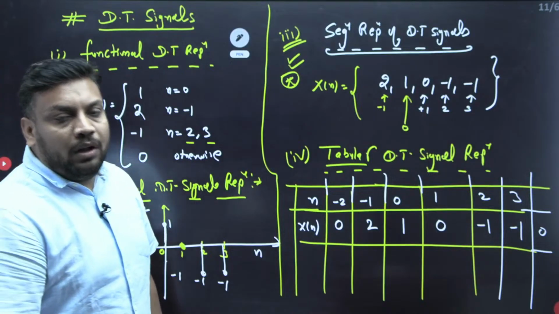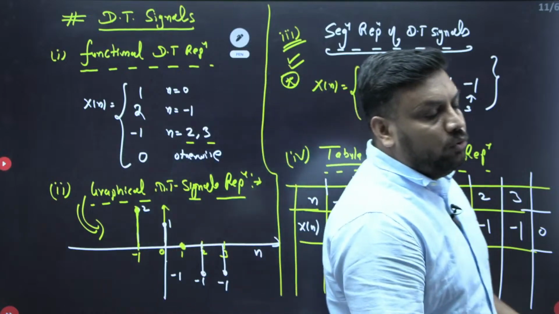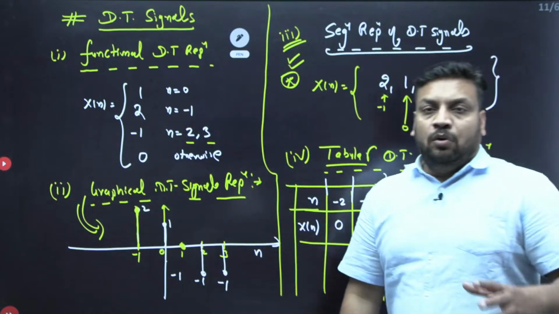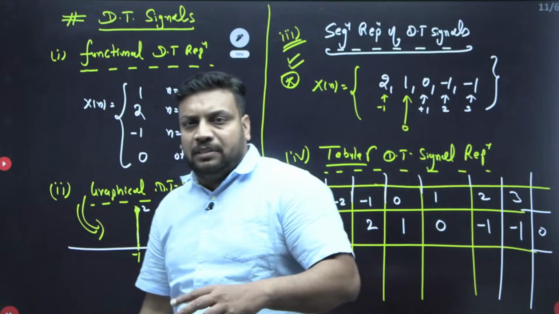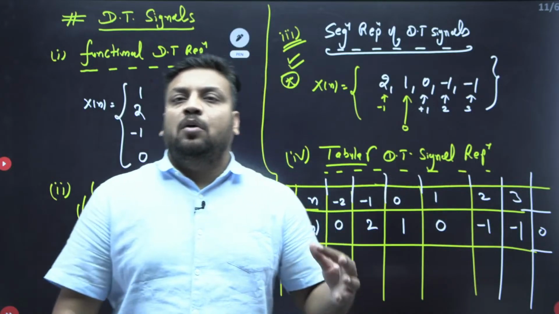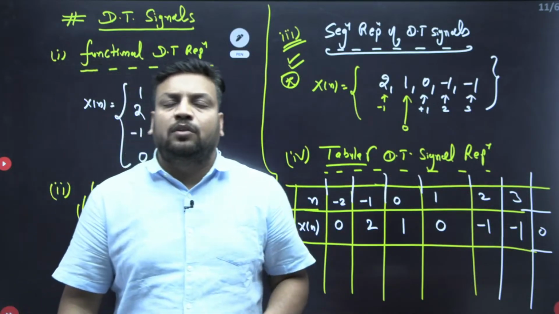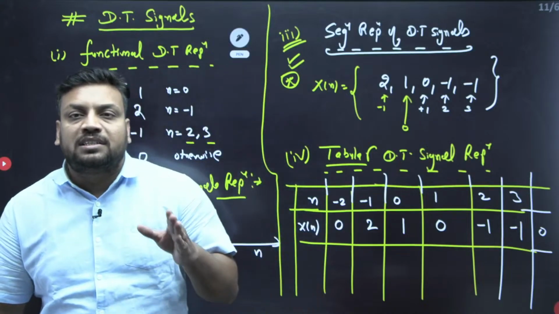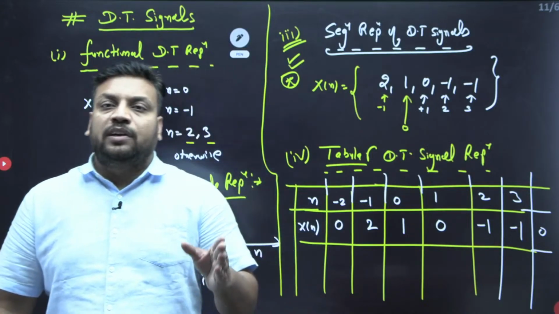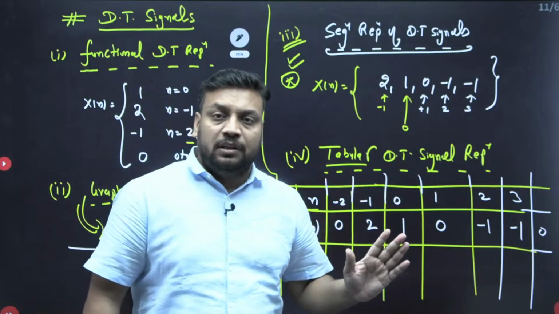However, you all are comfortable and habituated with the operations, as we already discussed time shifting, time reversal, time scaling, all the operations and transformations of signals in chapter number 1 as far as continuous time signals and systems are concerned.